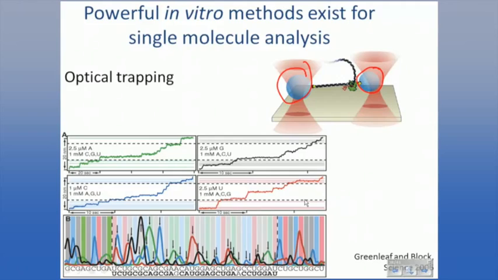And so you can then tether, in this case, RNA polymerase onto one of those beads, and DNA onto the other bead, and you can allow the polymerase to transcribe along the length of the DNA. In this case it was sort of cool, they did it with different limiting nucleotides, and so they could look at how long the step size was.